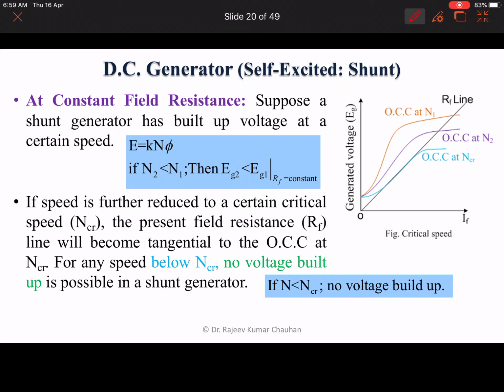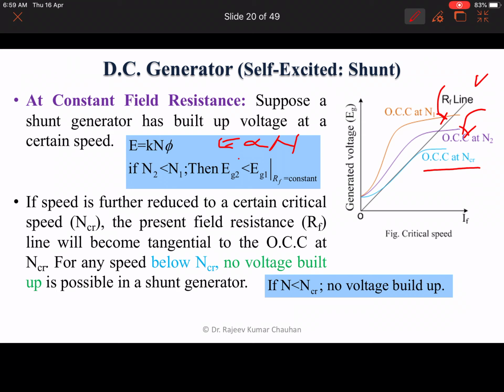So E is proportional to N. If N2 is less than N1, then Eg2 will be less than Eg1 at RF equal to constant. We can see here the OCC at speed N1, the OCC at speed N2, this is the RF line, and this is the OCC at critical speed.